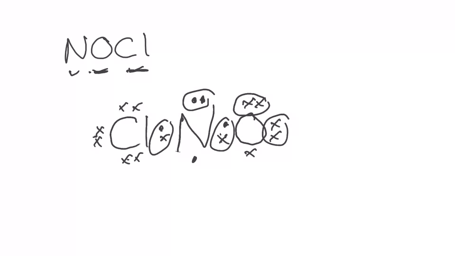So what do I do? I can do something like a double bond or a triple bond. So you might notice that there's a single electron right here and a single electron right there. They both need partners. So what could I do? I could partner them up. But to partner them up, I should put them between the 2 atoms. So this one comes from nitrogen, and this one comes from the oxygen.